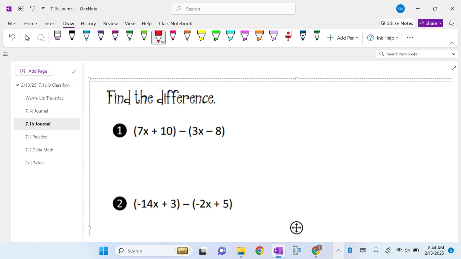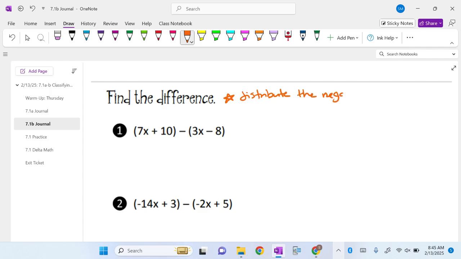What would we distribute? The negative 1. So whenever you're subtracting two polynomials, before you combine like terms, you always distribute the negative. All right, that's always the first step.